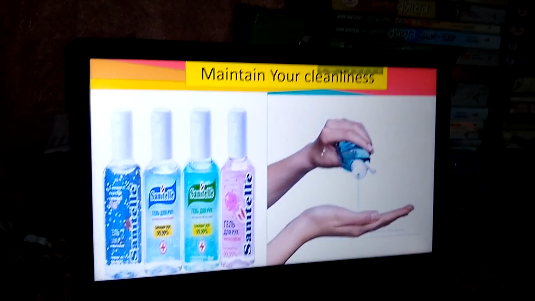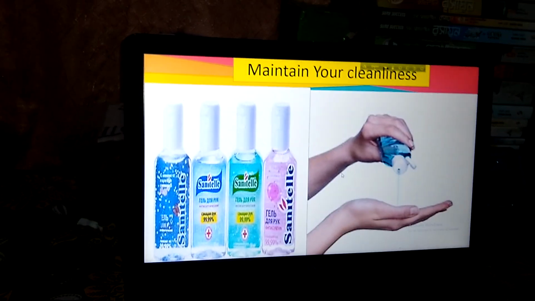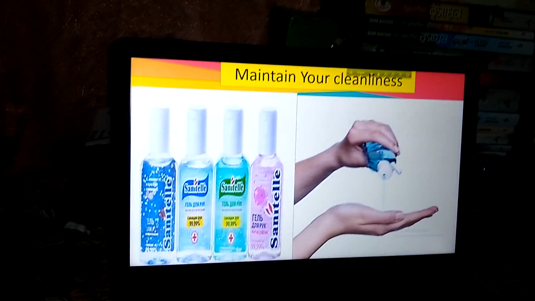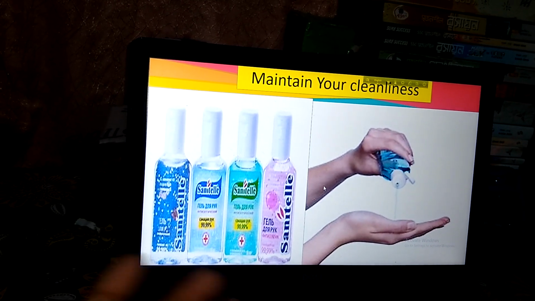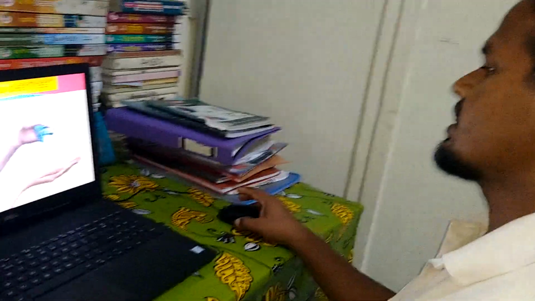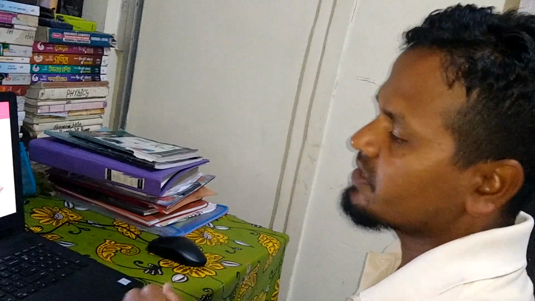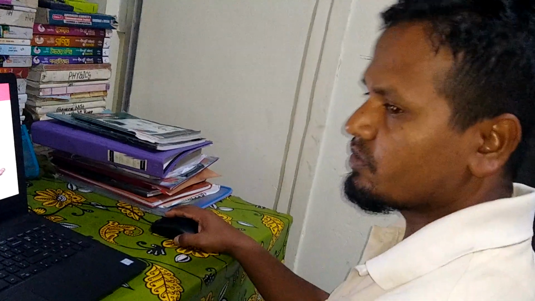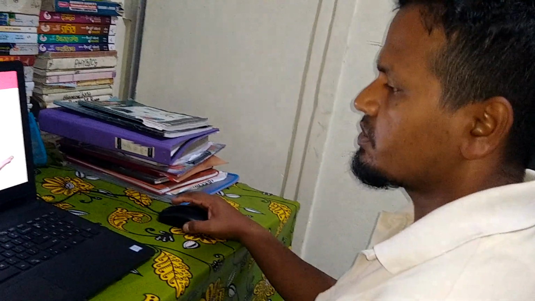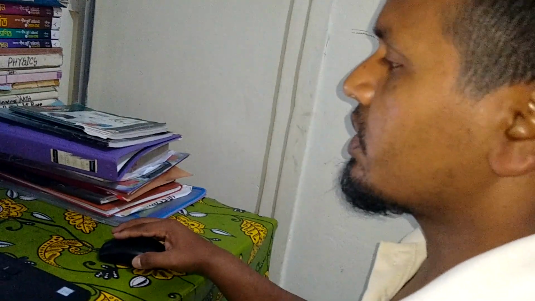We have to maintain our cleanliness when we go outside, when we go into different offices, and when we come back home, then we have to use hand sanitizer, and we can use a mask outside too. And especially we have to be careful when moving.